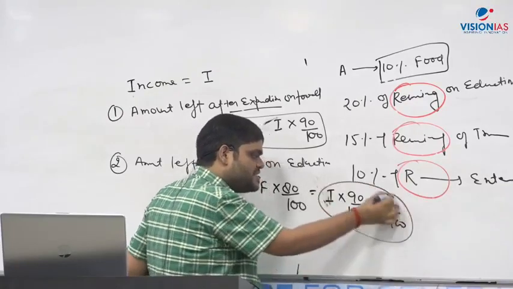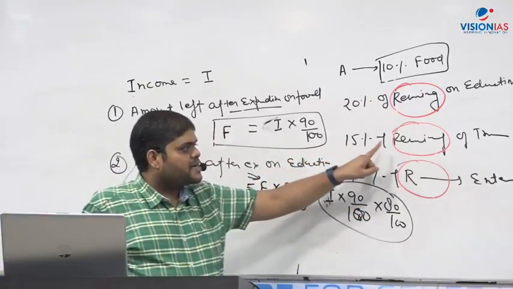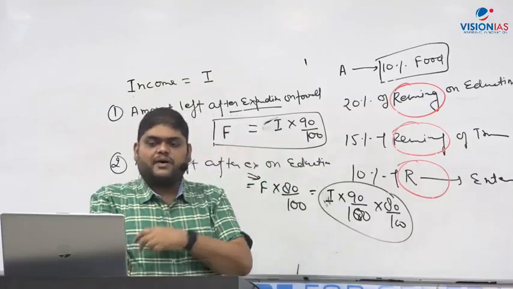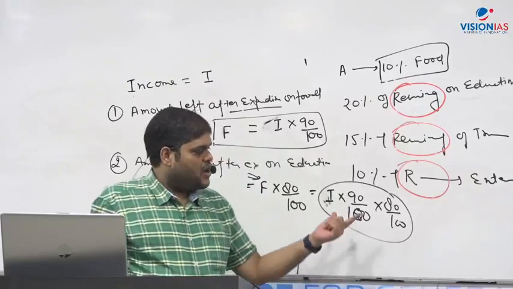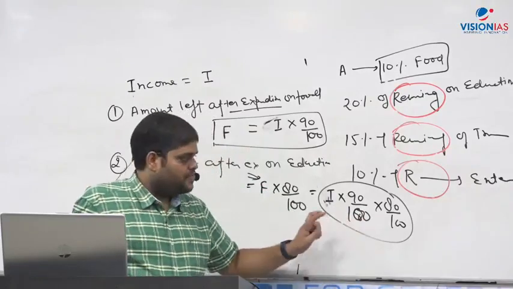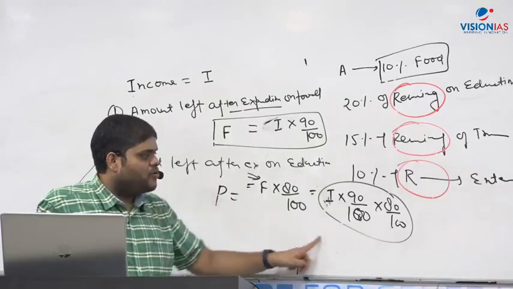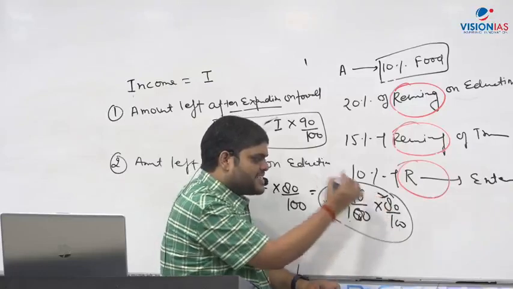This is the case. And now similarly, 15% of remaining on transportation. So when you use 15% of the remaining, whatever amount is left, suppose this becomes P. P is the amount left. Don't look at all this equation, the 90 and 80.